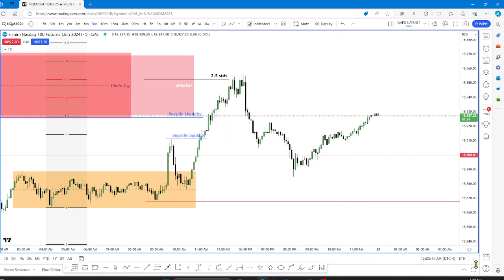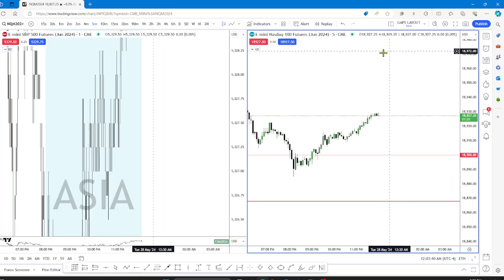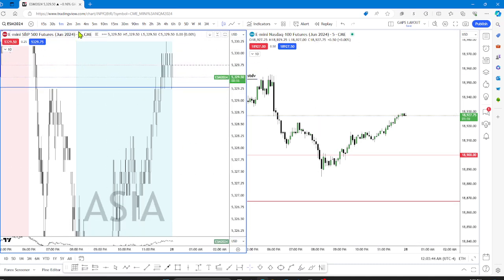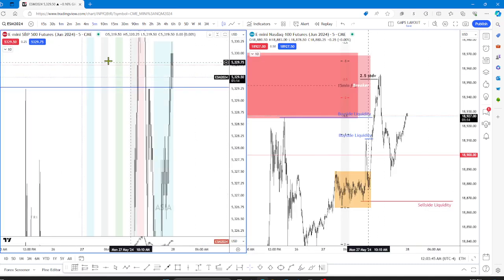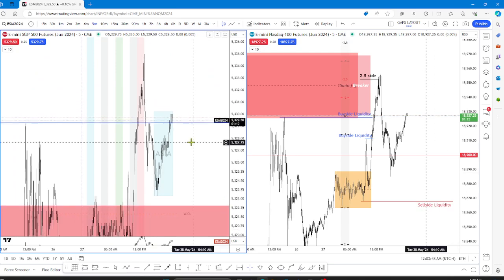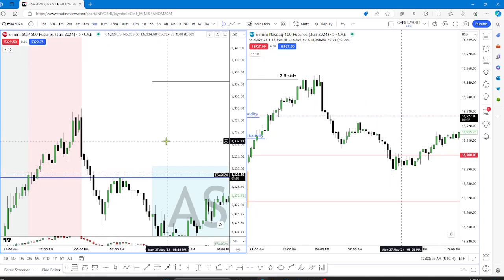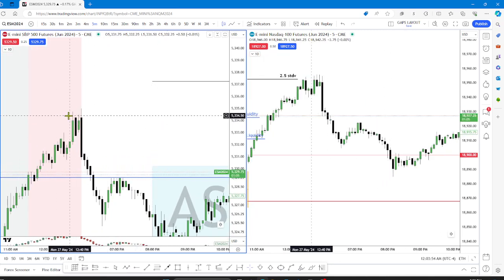We can also look and see if we had SMT. Let's see here.